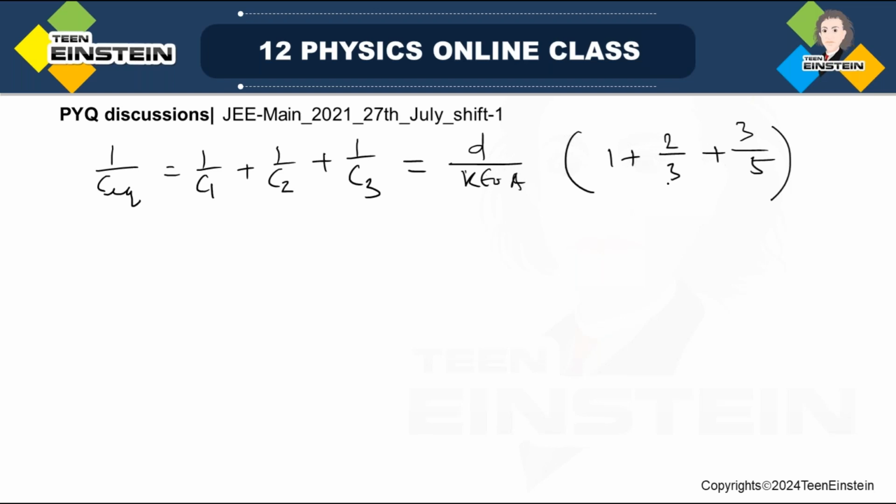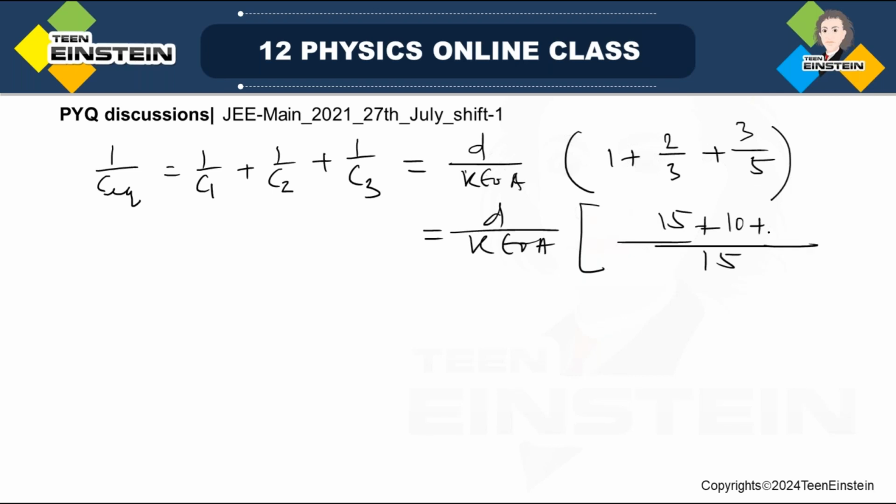So I have to do the LCM, nothing else. This term is common. So I get 15 here, 10 here, and here 9. So what we get? See, this will be 34 D by 15 K epsilon naught A, right?